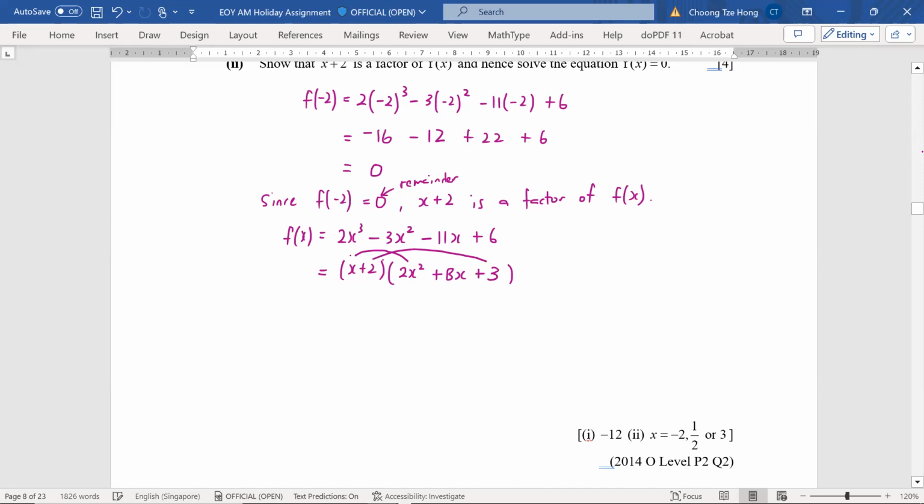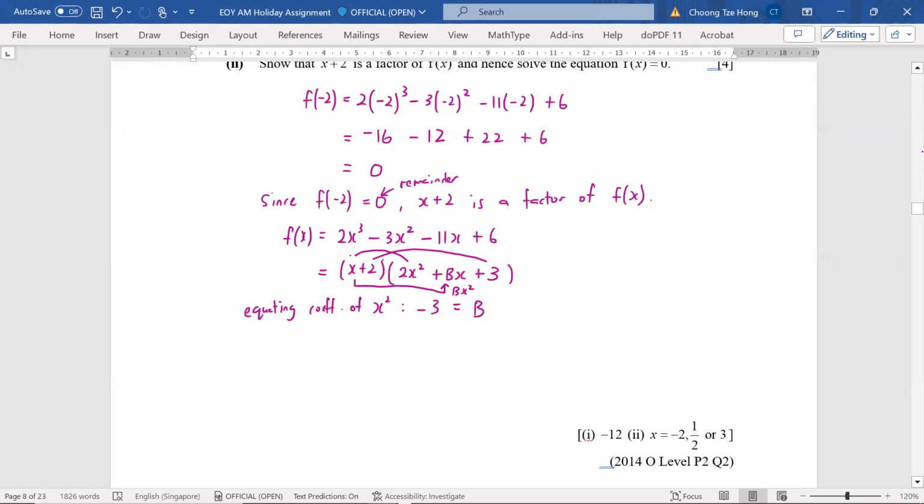To find the b, we can equate the coefficient of x squared or x. In this case, let's do the coefficient of x squared. Equating the coefficient of x squared, you will get negative 3 equals to, let's find the x squared terms. This will be bx squared, so b will be the coefficient.